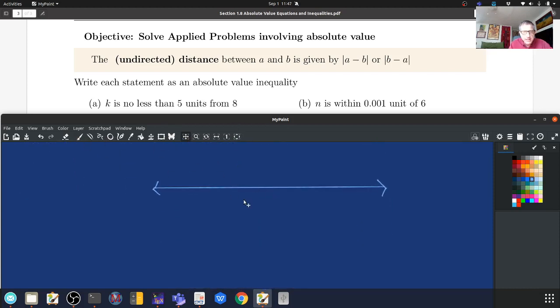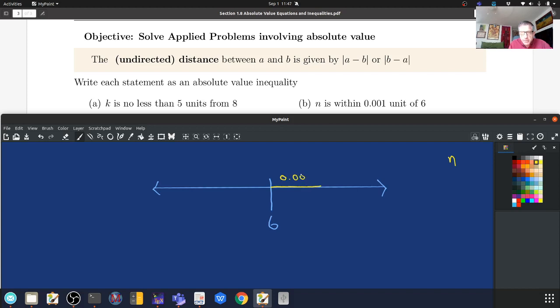So what I'm going to write, and I'm just going to write it right here, right in the middle, that is 6. And our variable here is n. So n is within 0.00, this is tenths, hundreds, thousandths, 1/1000th unit of 6.